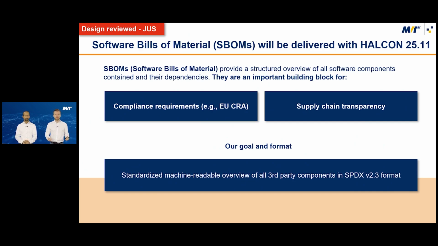What does it mean? With HALCON 25.11 we are now offering a software bill of materials. It's a standardized machine-readable file that includes all our third-party components. We have already delivered a third-party component TXT file in the past, but now it's a standardized machine-readable file that is required to fulfill all those cybersecurity requirements.